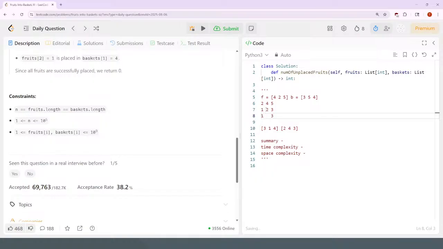And 4, so like 3, 4, 5 is like that. So this is the fruits remap. This is the remap for the fruits, and this is the baskets.